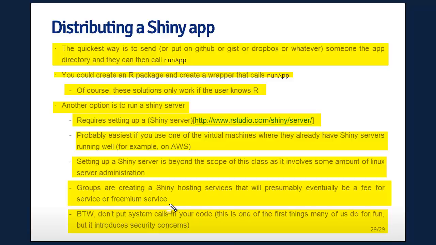It's the first thing everyone who knows what system calls are tries, because then they can do something really fun with it. But it introduces a lot of security concerns, and it's not really the intention. Shiny is really for deploying statistics apps, not for running generic server-side scripts with R as the intermediary.